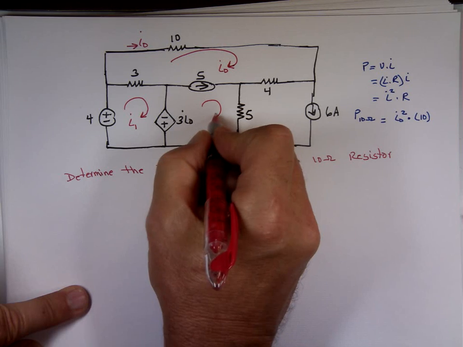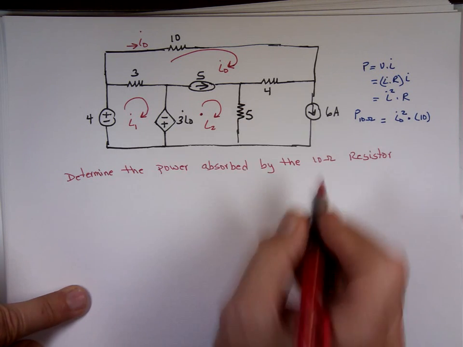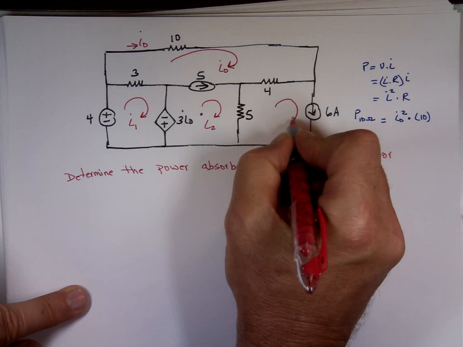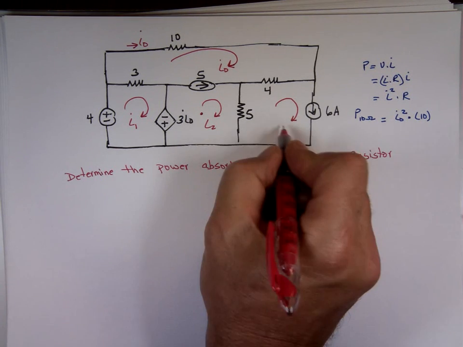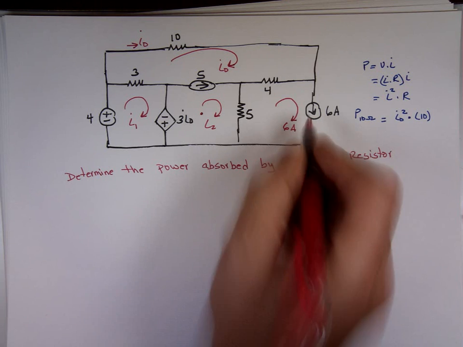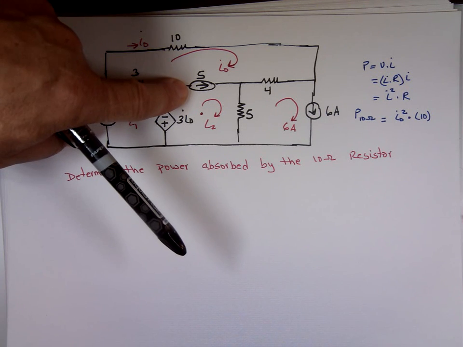I sub 2. And notice when you assign current this way, that current has to be 6 amps. That current has to equal this. So there goes one equation immediately. This one didn't go, but it gives me an equation.